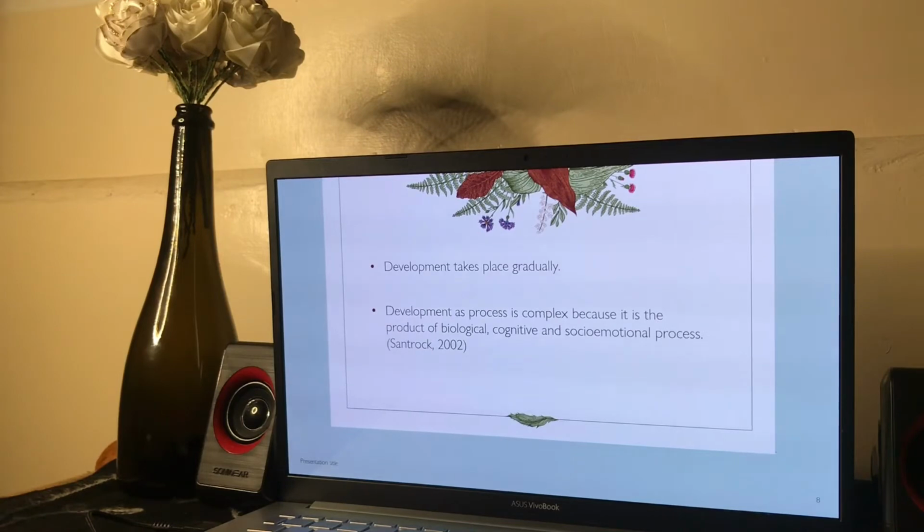The cognitive process involves changes in the individual's thoughts, intelligence, and language. Last is the socio-emotional process. It includes changes in the individual's relationships with other people, changes in emotions, and changes in personality.